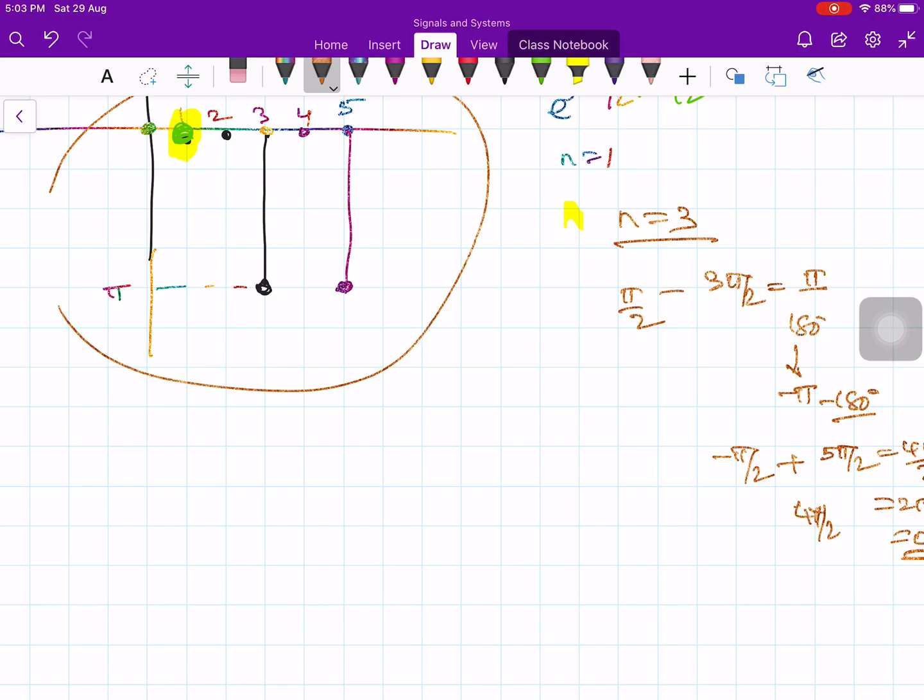So the final conclusion is that the magnitude will not change, only the phase plot will change. The magnitude spectrum remains invariant under translation in time, but the phase spectrum undergoes a change depending upon where you put the origin.